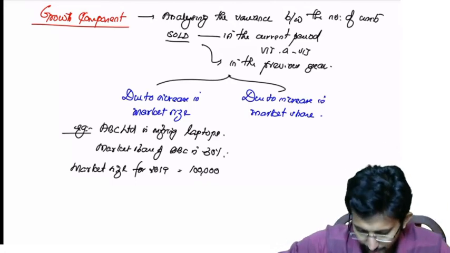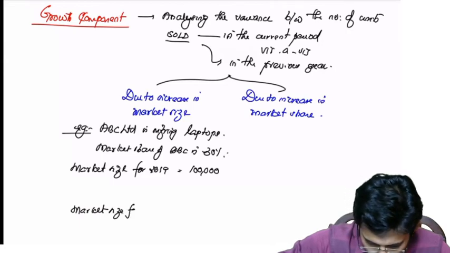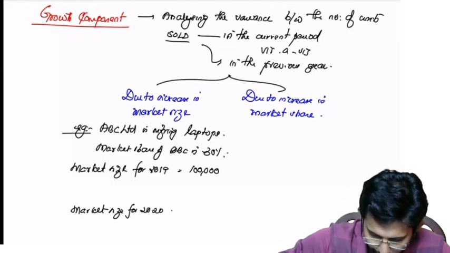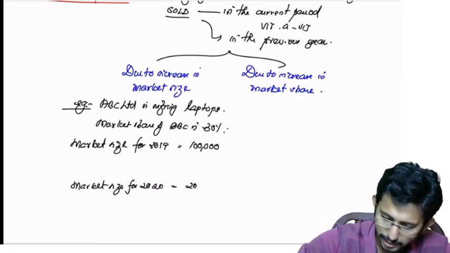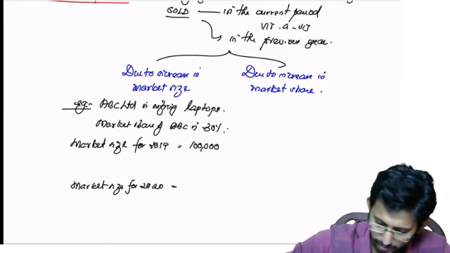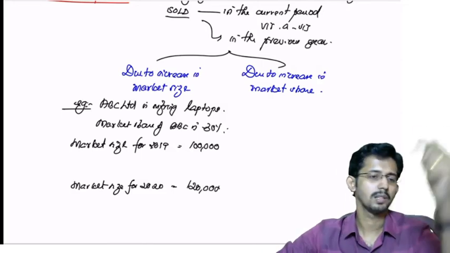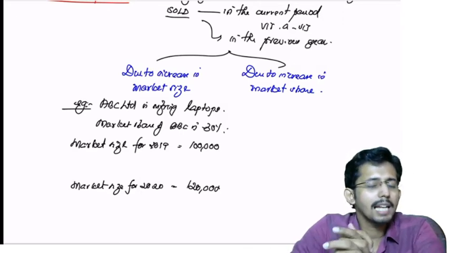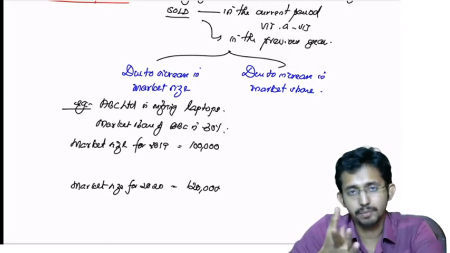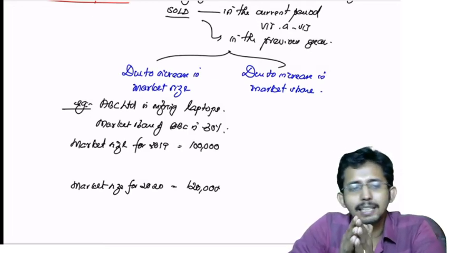Okay, whereas the market size for 2020, I will make it as 1,20,000. What's happening here? There is a company which is selling laptops, and this company has a market share of how much? 30%. So the market size of the company for 2019 was 1 lakh.